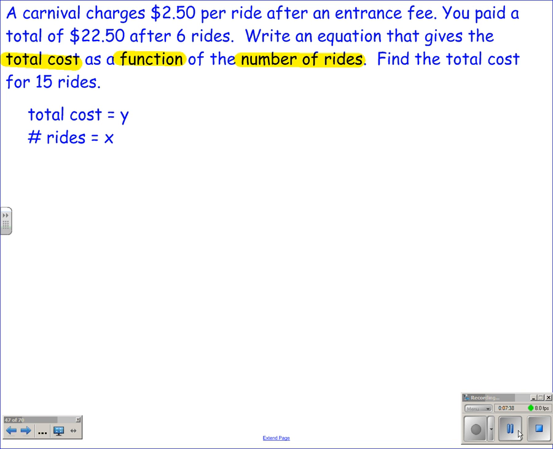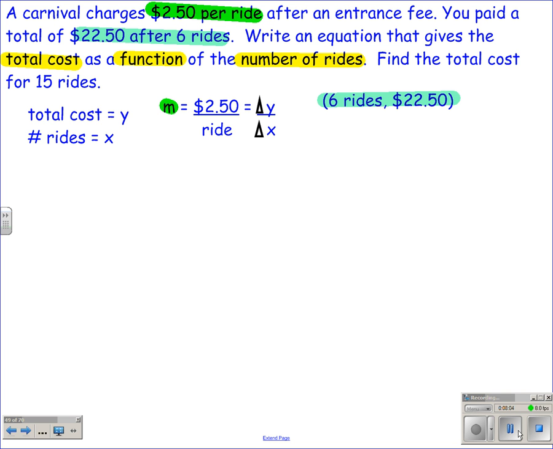One of the things that we need is slope, and we're given slope by that $2.50 per ride. Remember, that's $2.50 over the number of rides, and that's the change in y over the change in x, so that is our slope.